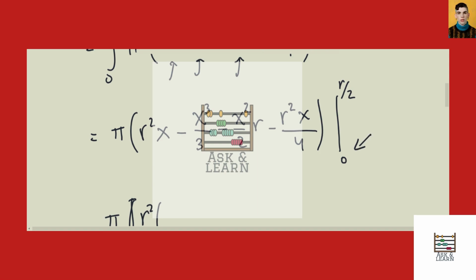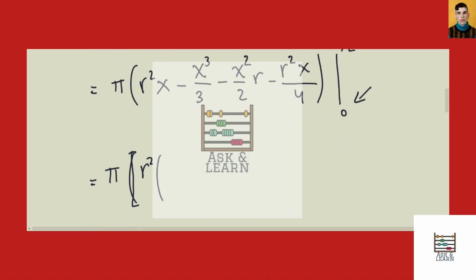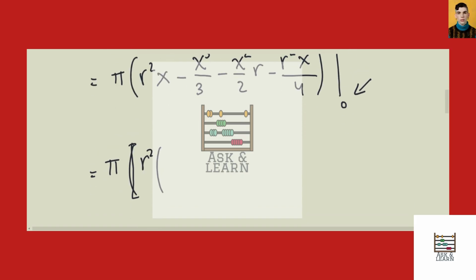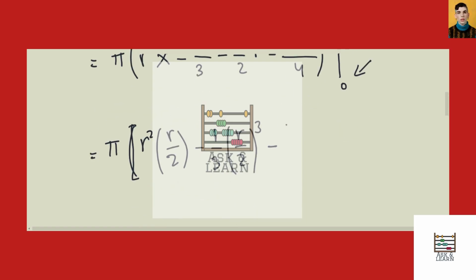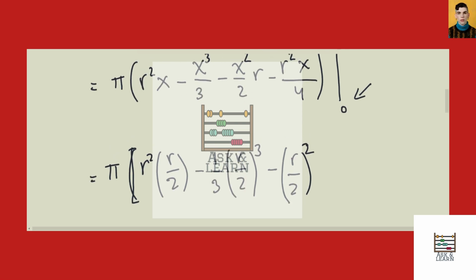And the lower limit is 0, and we can see here that all of these terms carry an x, so that term will be 0. We only evaluate for r over 2, so that will be r squared times r over 2, minus one third of r over 2 cubed, minus r over 2 squared times r over 2, minus r squared over 4 times r over 2.